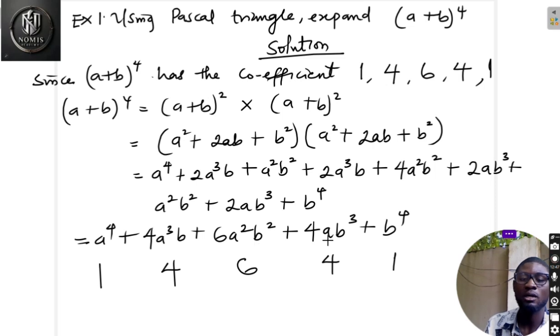You can see the powers are equal here. Now a is reduced again, 4, 3, 2, then 1, until a no longer exists, and then b is raised to the power of 4.